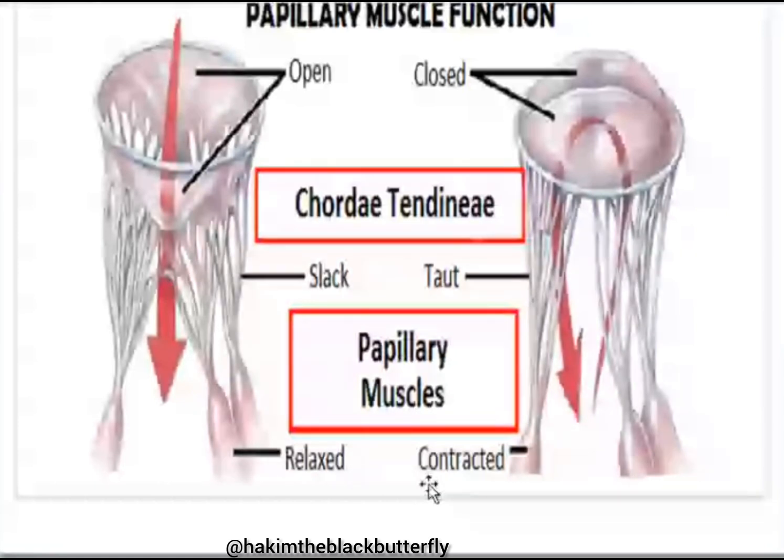And during systole, when they contract, they push the valves closed so that blood does not regurgitate back to the atrium, such that the cardiac output is little. And these are the chordae tendineae, which attach the papillary muscles to the margins of the valves.